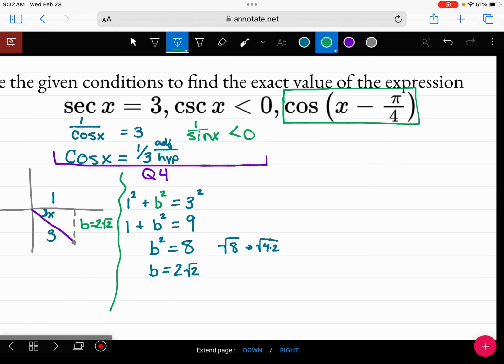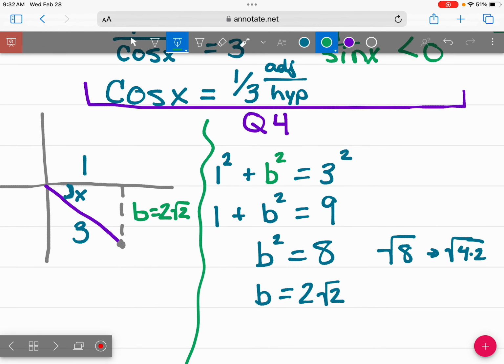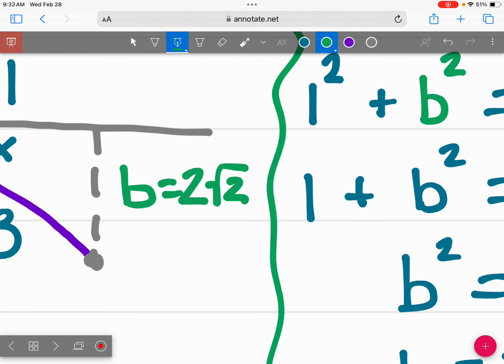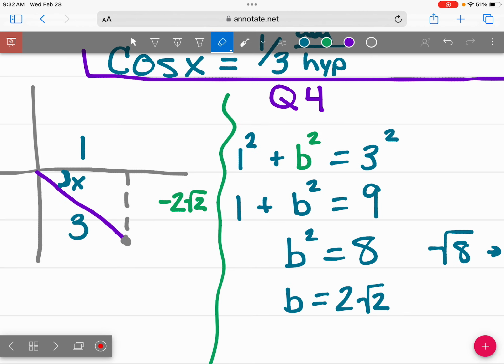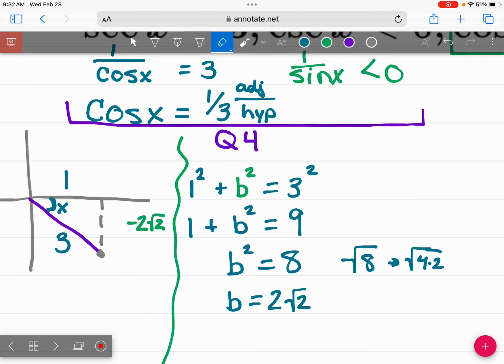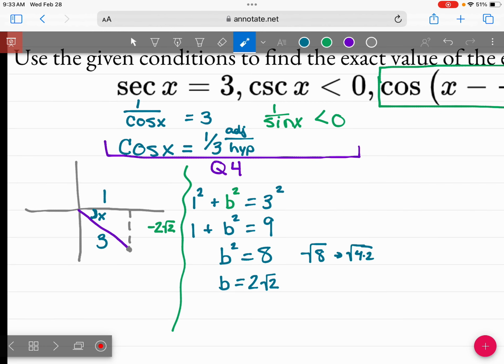Yes, it would indeed be a negative 2 square root of 2. I've got to fix that over here. I'm just going to erase the b and put it there. Because we know we're in quadrant 4, we know that one's got to be negative. We know our sine is less than 0. That's this guy.